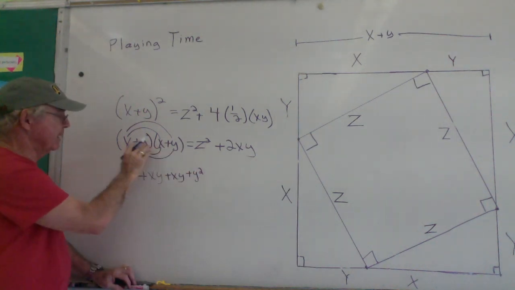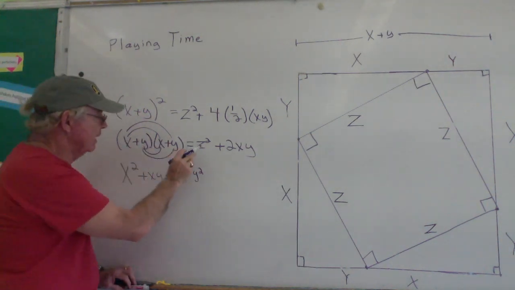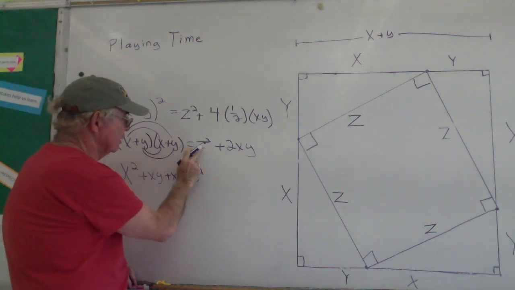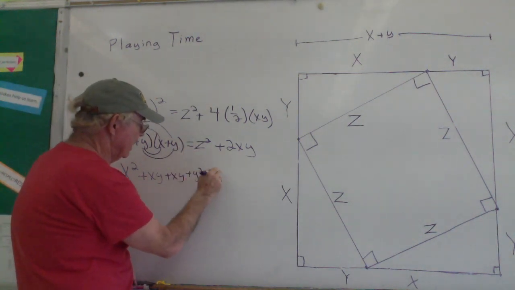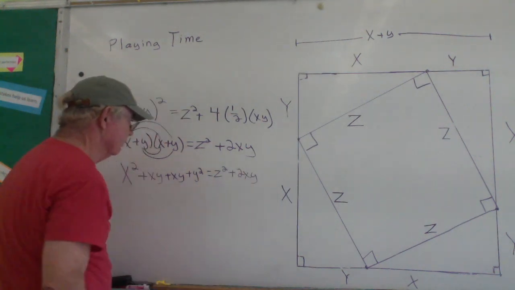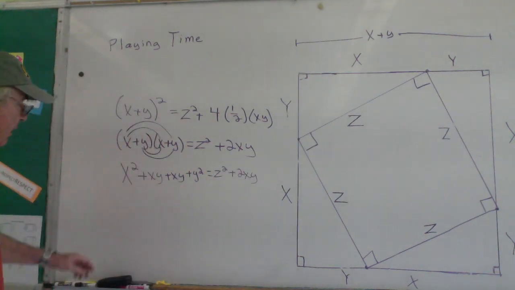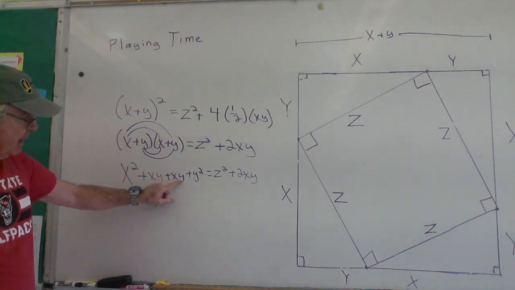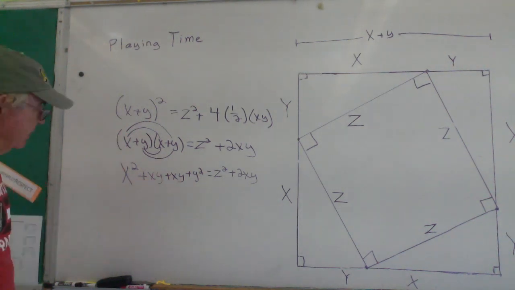Now that's the area of the big square, and the area of the innermost square and the 4 triangles is this. Well, we add xy and xy, we get 2xy.